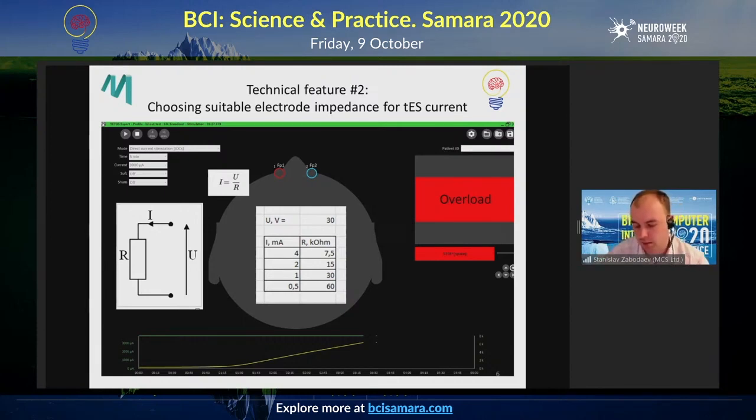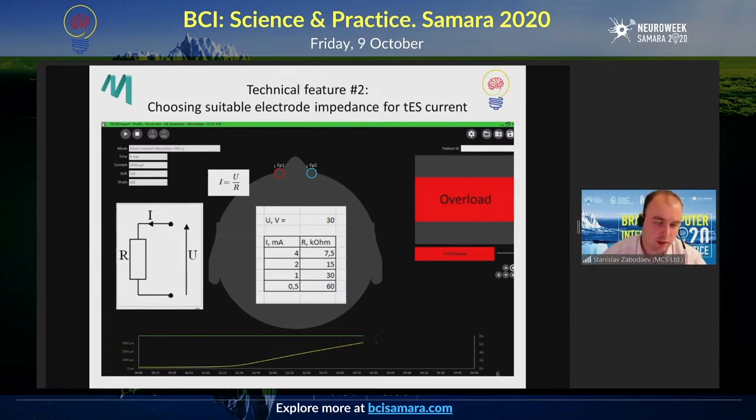So when we are talking about the DC generators, they usually have a maximum voltage threshold. So in order to estimate whether the electrodes have been placed correctly and whether the following stimulation will be successful, you can do that with an impedance meter.